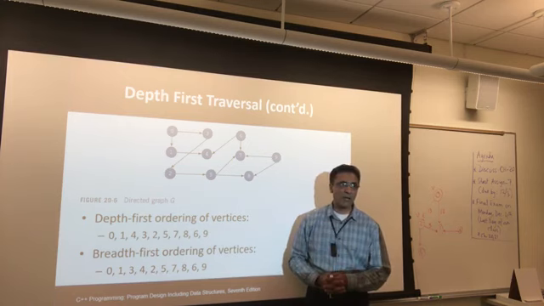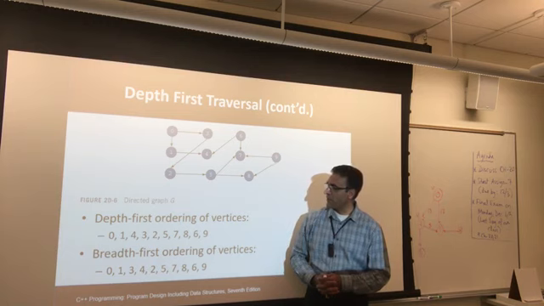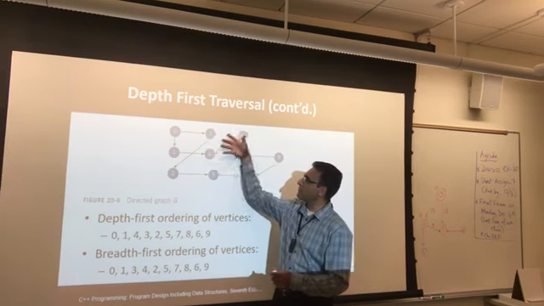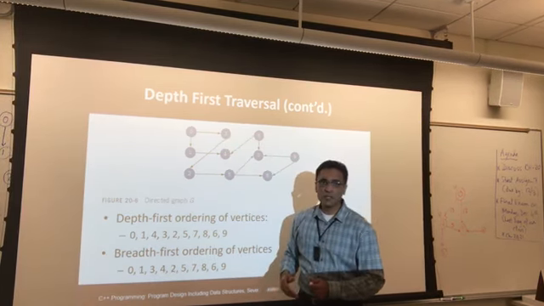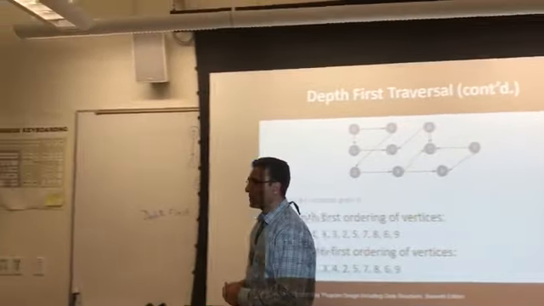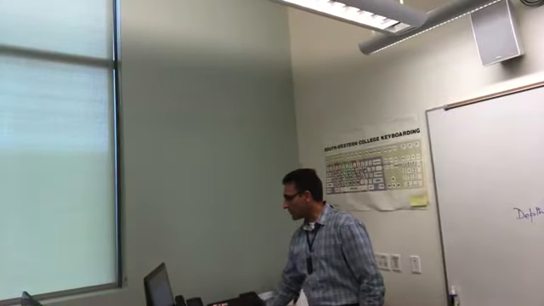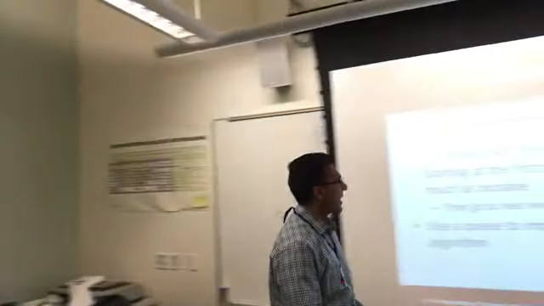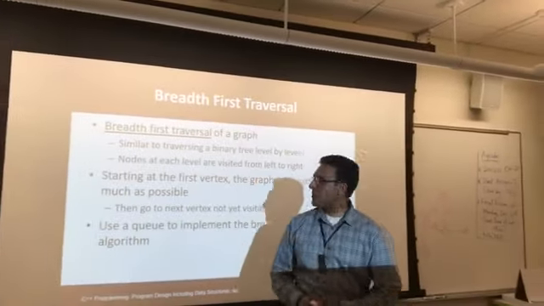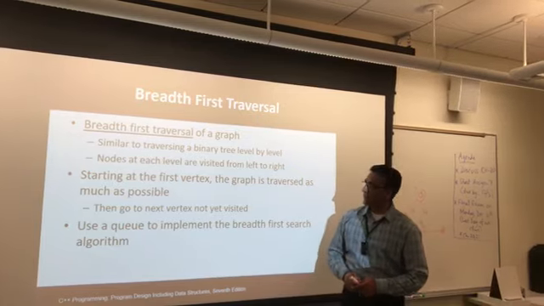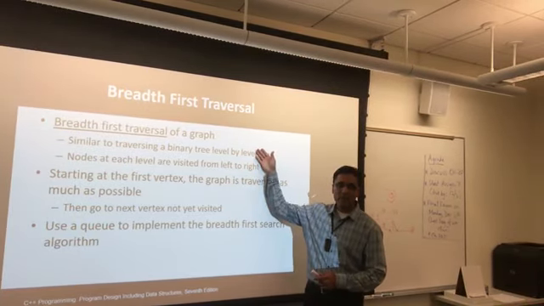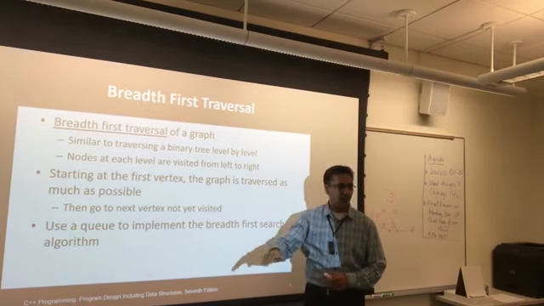So that's a different way to access or traverse the data. In this case, the breadth is covered first, not the depth. That's the slight difference between those two algorithms. Breadth first traversal of a graph is similar to traversing a binary tree level by level, while the other one goes by depth.